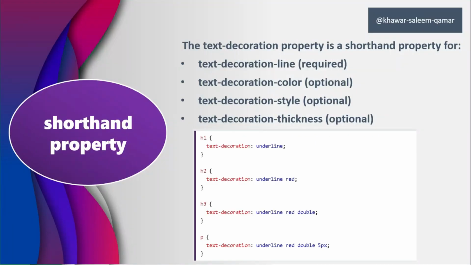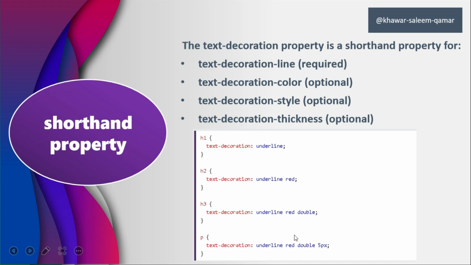The line, the style, the thickness can all be given in a single line, and that property is called the shorthand property. In this shorthand property, text-decoration-line is the required property, whereas all three others are optional.